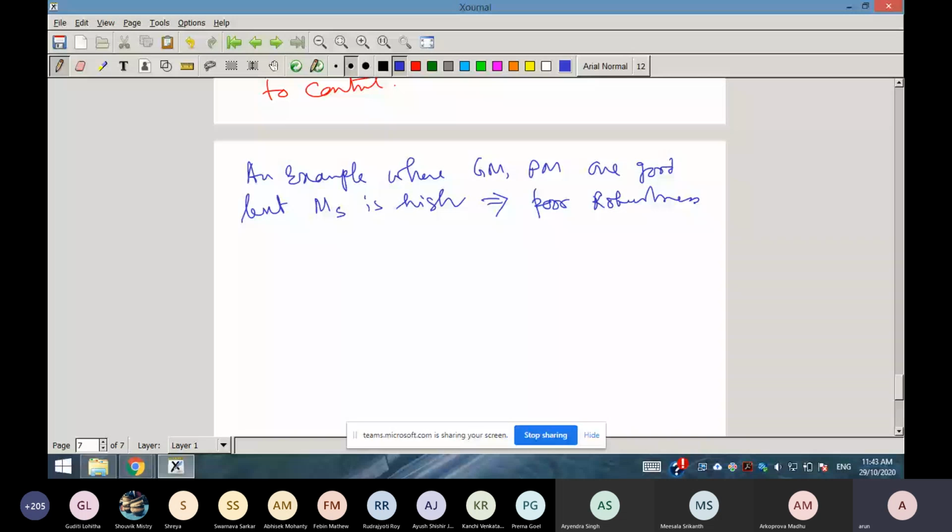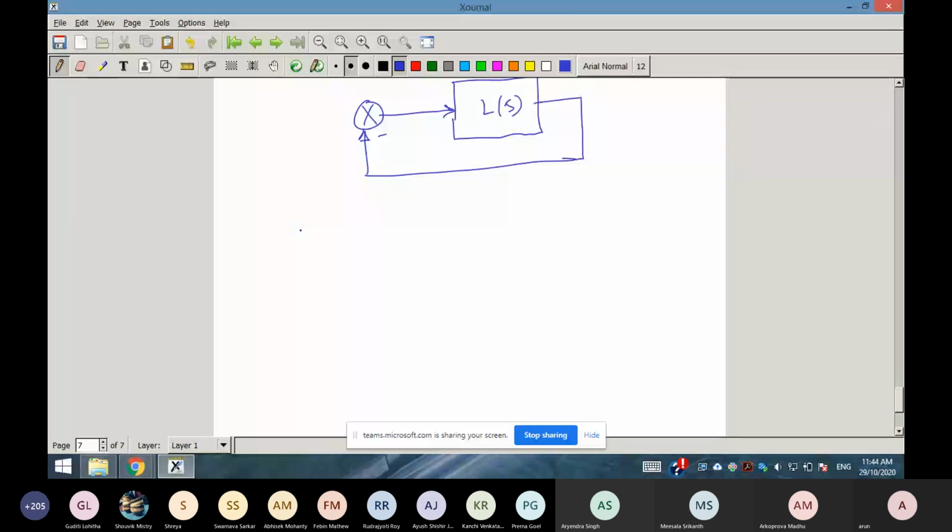Okay, so that example I will tell you. So this is the system. LS, just LS means here the controller I have incorporated inside. Suppose this is your LS, 0.38.